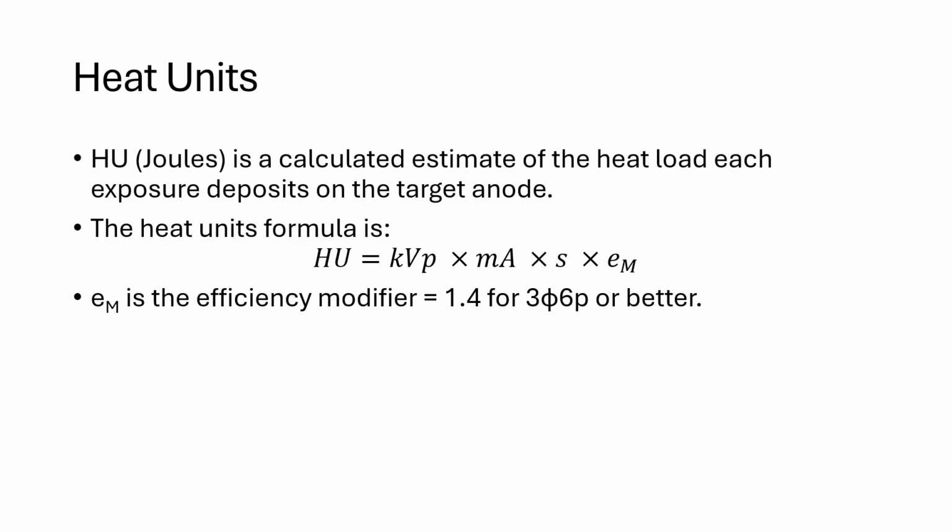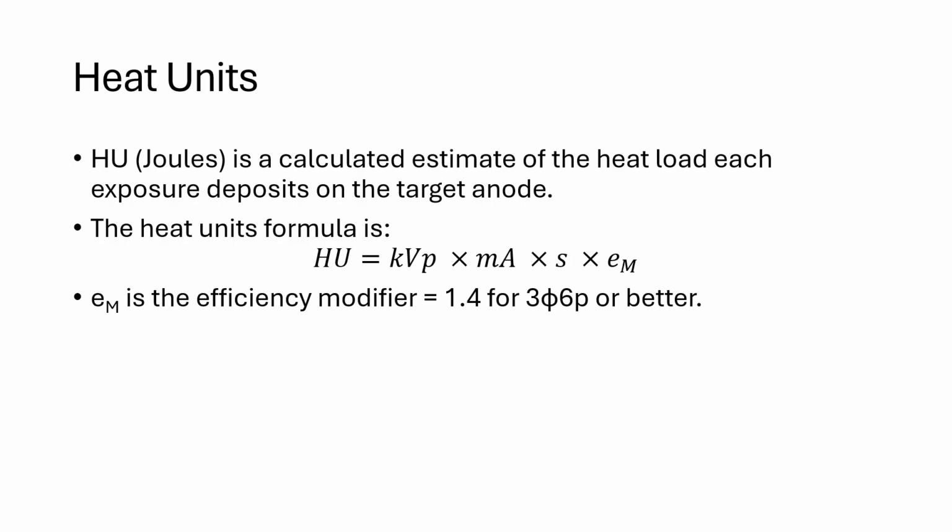So anyway, for a given exposure, we can calculate the heat units like this. Well, there's a maximum heat capacity in heat units for any given X-ray tube. You can only load up so many joules before the tungsten anode starts cracking or pitting or warping or melting or whatever.